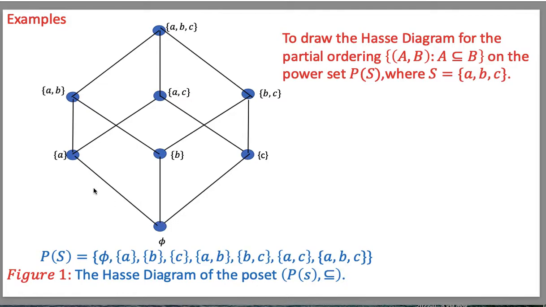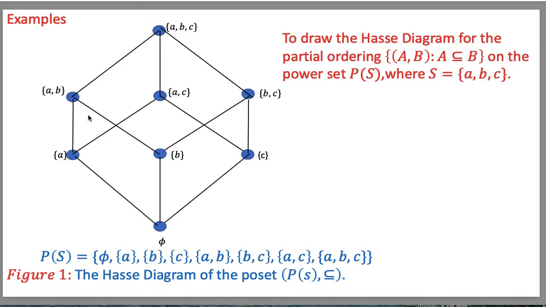The next element is A. We write A here because phi is a subset of A. The next element is B. We will write B here because phi is a subset of B, but A is not a subset of B. Next element is C. We write C here because phi is a subset of C, but B is not a subset of C. The next element is AB, and we write AB here because A is a subset of AB and B is also a subset of AB, but C is not a subset of AB.